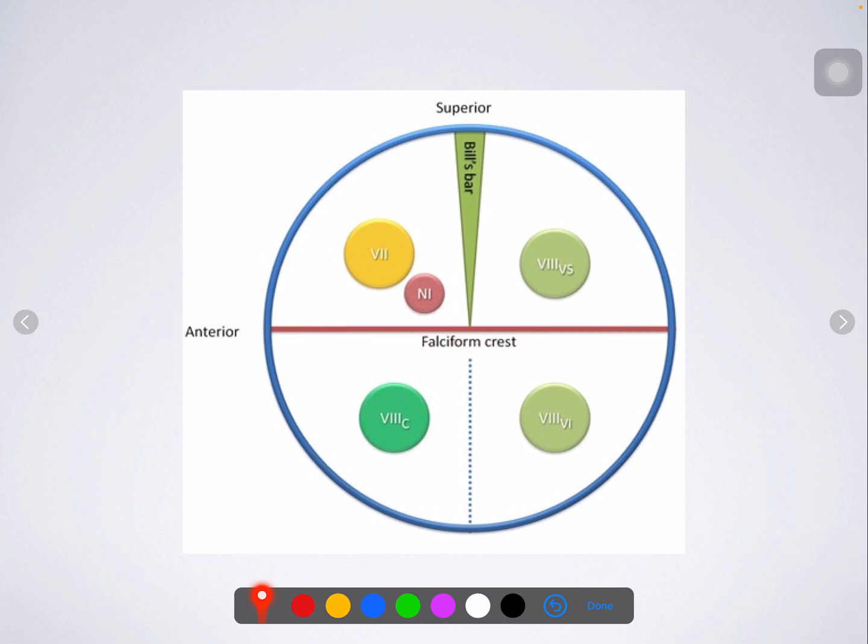This is anterior and this is posterior, and like you know, it's the 7 up, so the facial nerve is up and the cochlear nerve is below. Posterior to the facial nerve is the superior vestibular nerve, and behind the cochlear nerve is the inferior vestibular nerve.